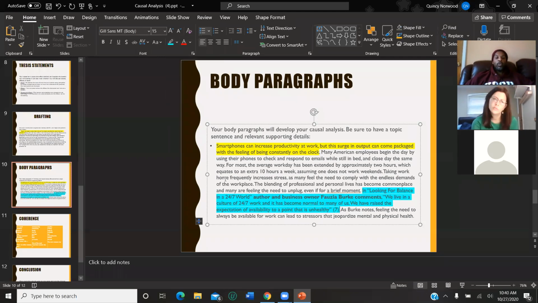Now we're bringing in an outside source to sustain a point that we have made. And the first thing I want you to notice is how little of the paragraph this quote takes up. Okay. Some quotes are a little bit longer than others, but the point I'm making is in a body paragraph and overall in your essay, your voice should always, always, always be the dominant voice.